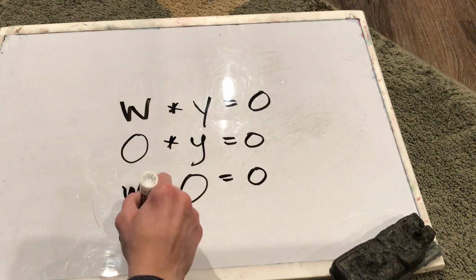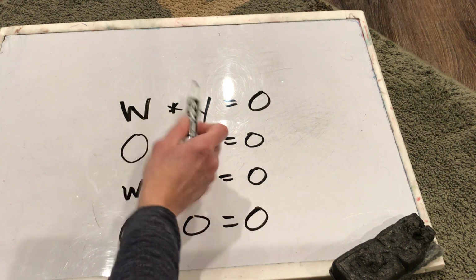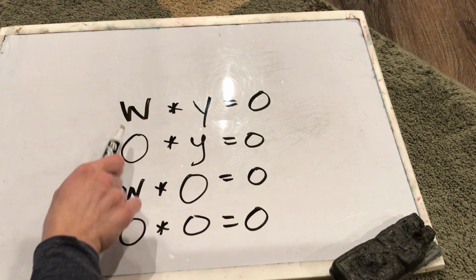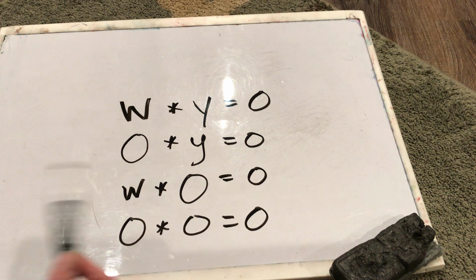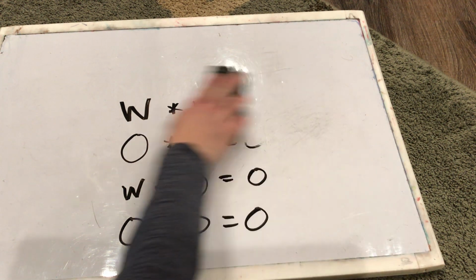Or it could even be that both of them are 0. And when we don't know what the other variable is, W being 0 and Y being 0 are both correct answers. So hang on to that for just a minute, and we're going to go through and solve an equation.